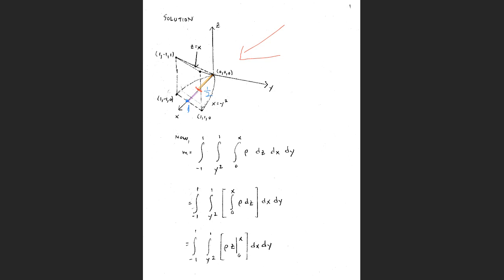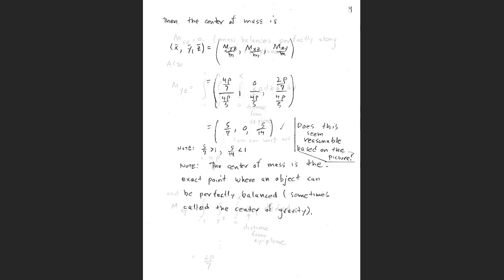And incidentally, what about y bar, or z bar? z bar is 5/14, which is less than a half, right?